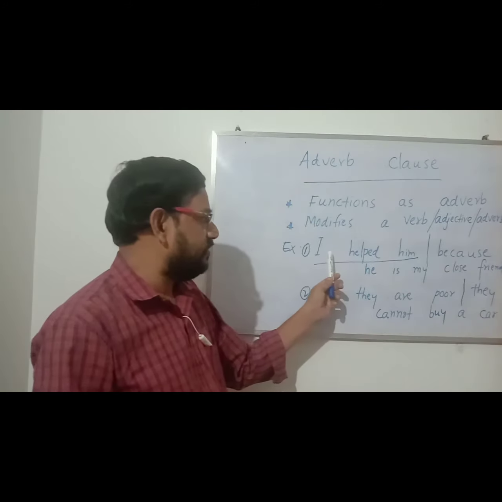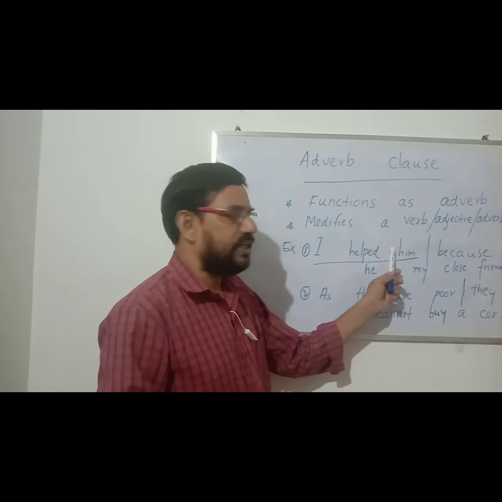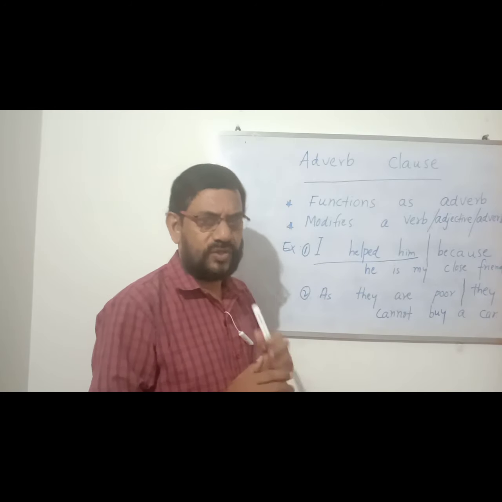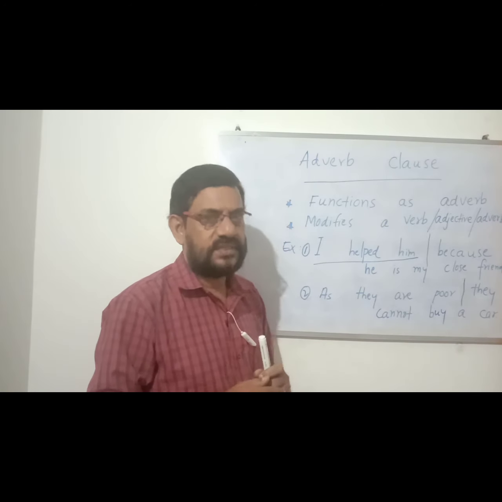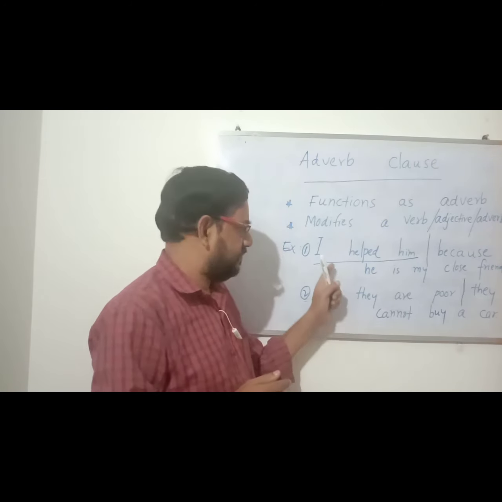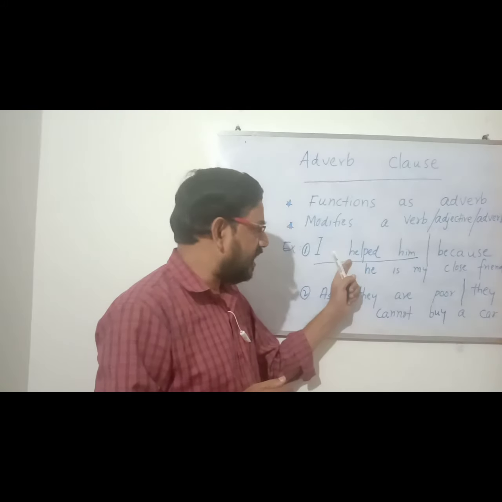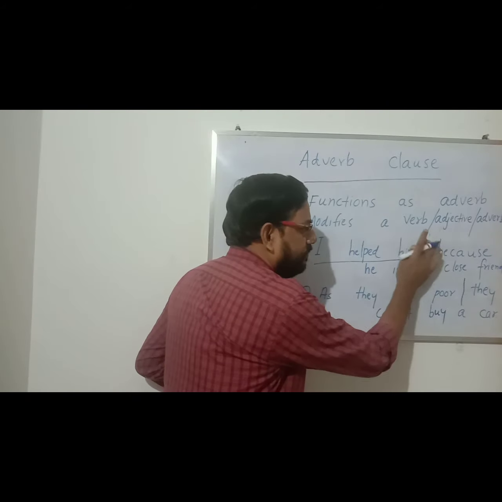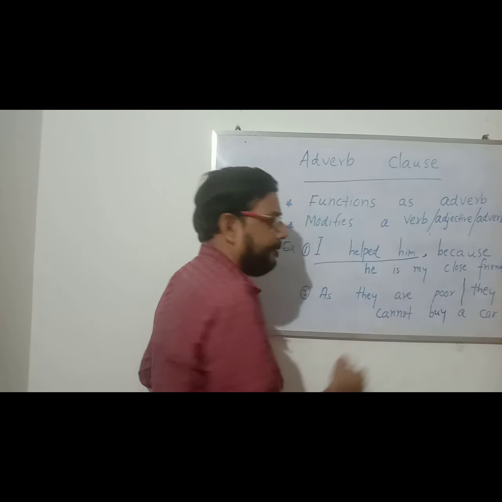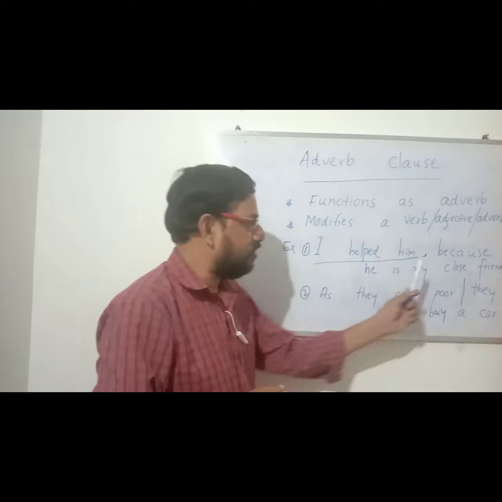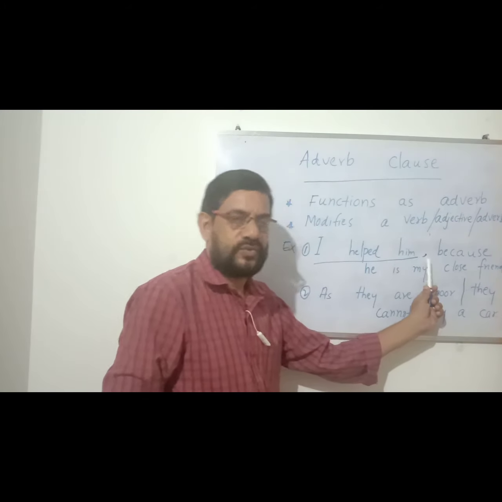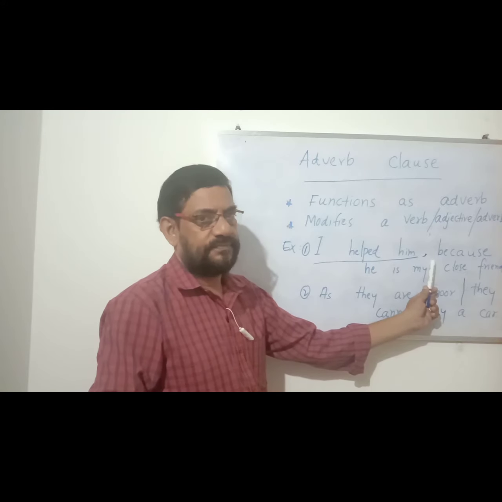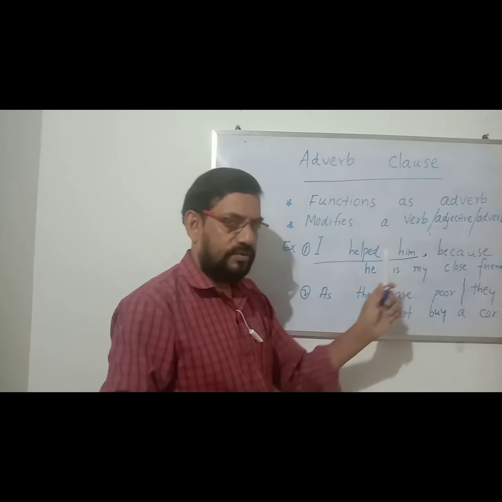But when we go to the first example, "I helped him," the main clause comes first. Both ways are possible. We can start with the main clause, as in "I helped him." If you start with the main clause, keep in mind that we have to put a comma at the end of the main clause: "I helped him," comma.